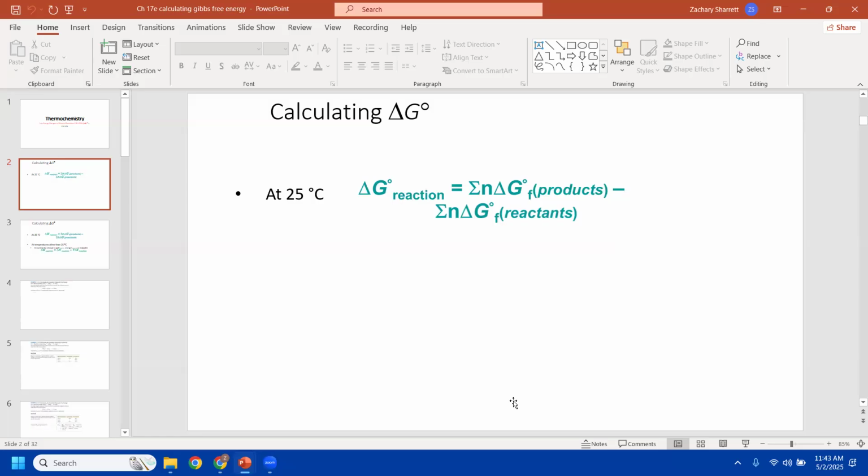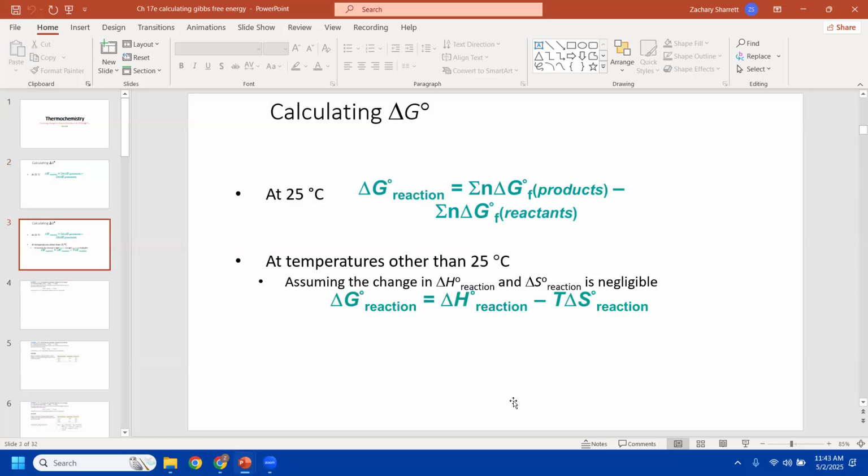If I just change one or two things, maybe I can get it in my price range. But if it's going to be like 50 grand, you're like, I'm never going to be able to substitute out a name brand thing for a generic thing and things like that. So if we want to calculate the delta G at a temperature other than 25, we use this equation that we've already learned about.